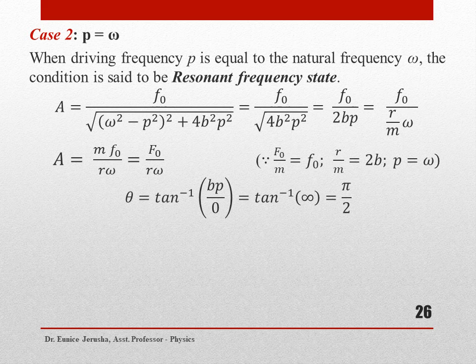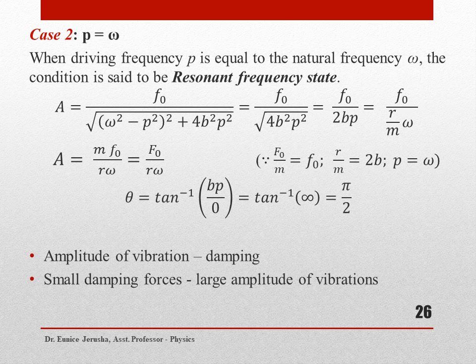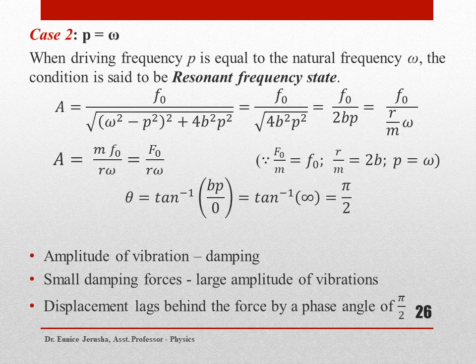The result we obtained from these calculations is that the amplitude of vibration is directly proportional to the damping involved in the system, and therefore small damping forces give rise to large amplitude of vibrations, and the displacement lags behind the force by a phase angle of pi by 2.